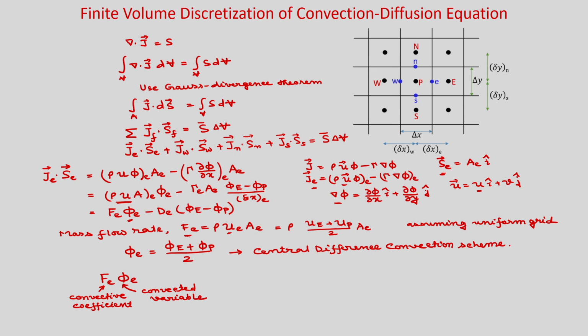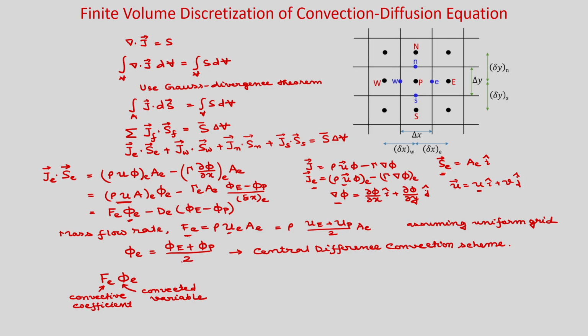You can see phi is the convected variable. This mass flow rate F is known as the convective coefficient, and due to the mass flow rate this phi is transported. That is why it is the convected variable, and to determine the value of phi_e from the sign of F_e, we will use some convection schemes, and we will discuss them in later classes.